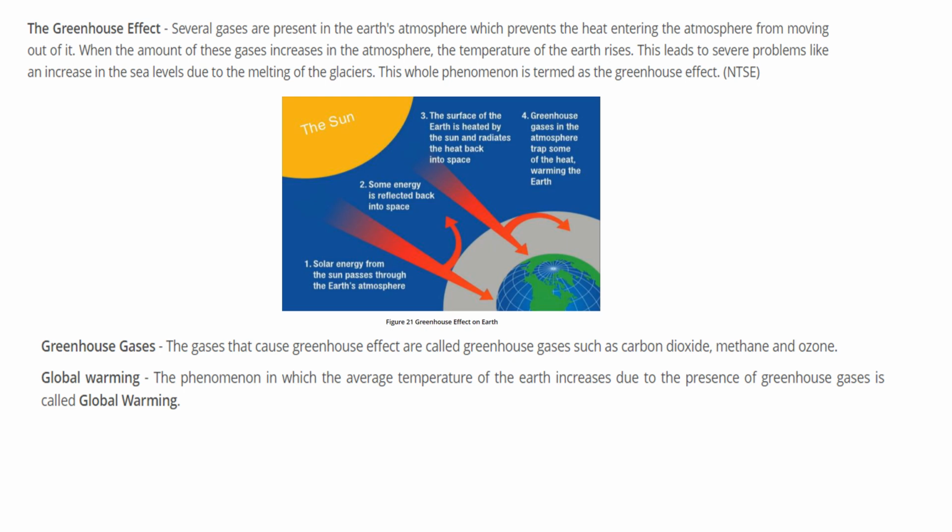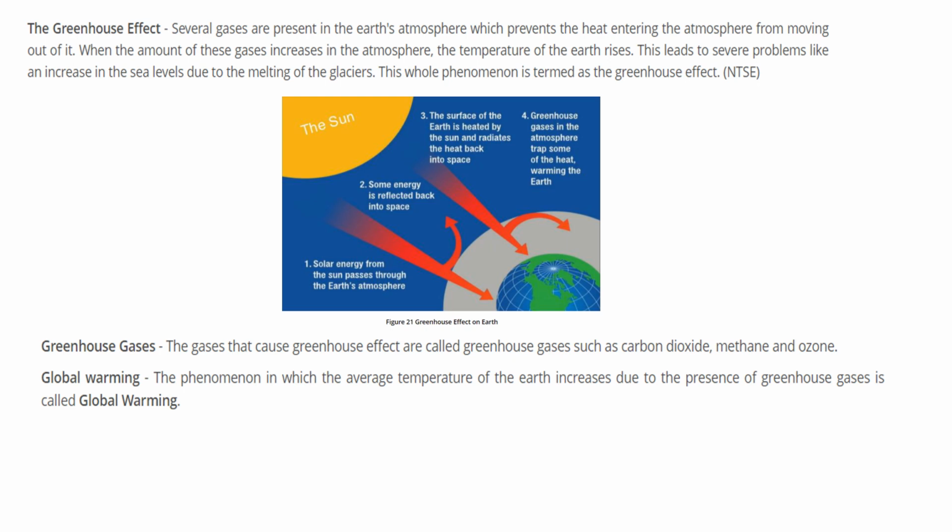And the phenomenon in which the average temperature of the earth increases due to the presence of greenhouse gases is called global warming. So this can lead to several problems, like there might be an increase in the sea levels because temperature increases, the glaciers melt and the sea levels increase.